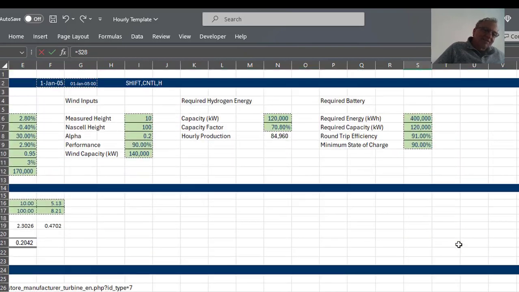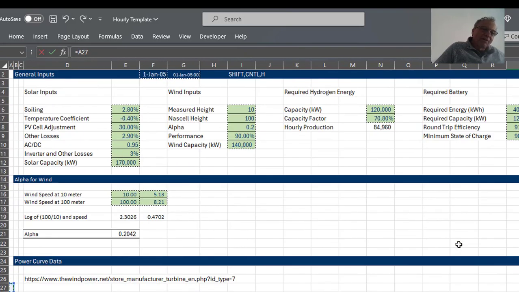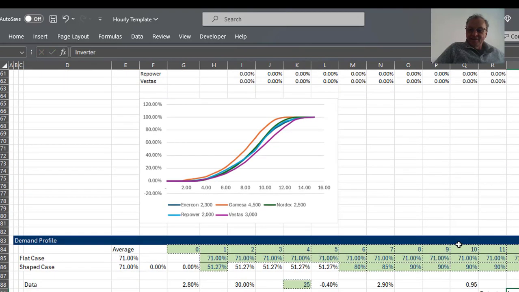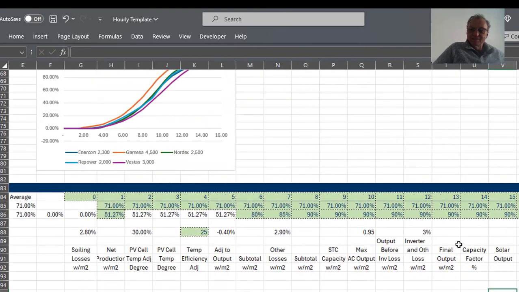So I'm going to try to do this now where you can just put all of these things in and you can do this yourself. Okay? And then you get your solar capacity factor, which is how much your output is relative to the STC, to the 1000.